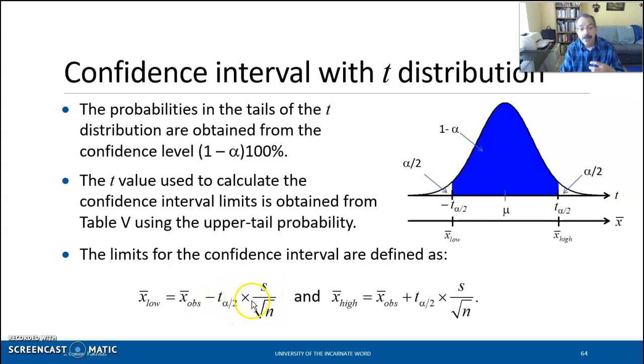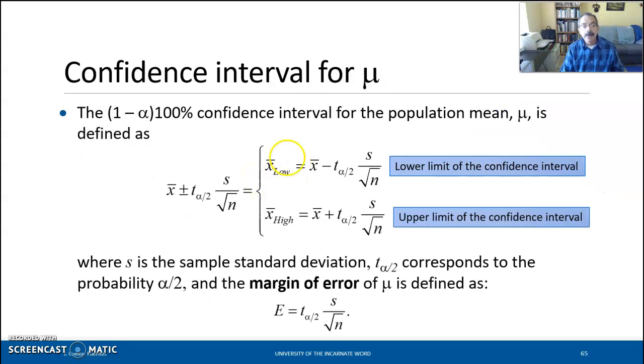They are derived from the sample, and the t-value is derived from the confidence level that we are interested in. All right, so the book expresses that confidence interval like this, but I'm going to be working with these two equations because those are the equations that we use to find the lower and upper limit of the confidence interval explicitly. So I will use those two equations.